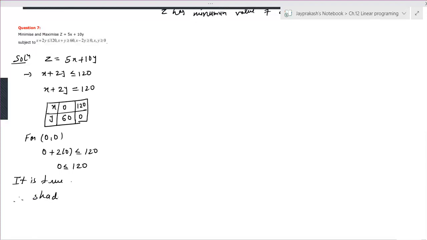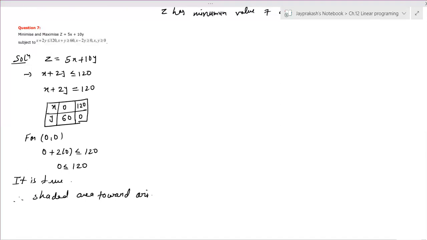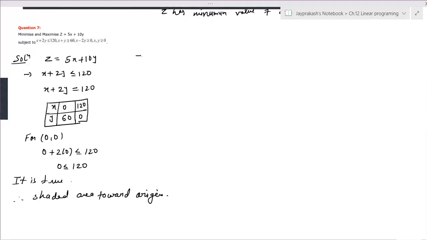Therefore, shaded area is toward origin. Now let's see the second equation.